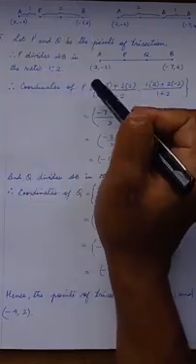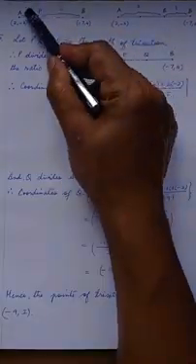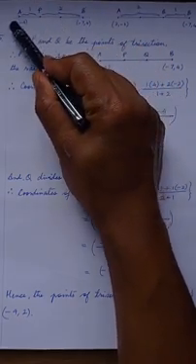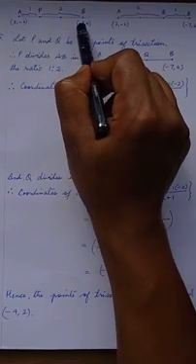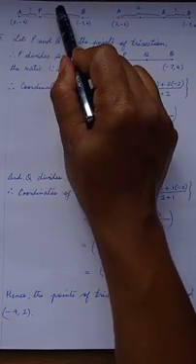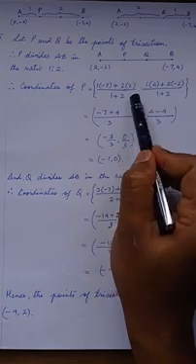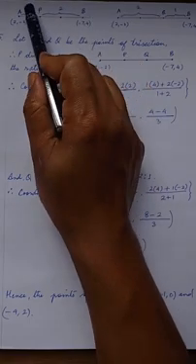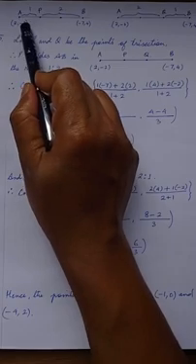Coordinates of P will be, as we have done before, 1 into minus 7 plus 2 into 2. We are solving for X first. 1 into minus 7 plus 2 into 2 divided by 1 plus 2, comma, for Y you start from here and use the second number now for finding Y. 1 into 4 plus 2 into minus 2 divided by 1 plus 2.